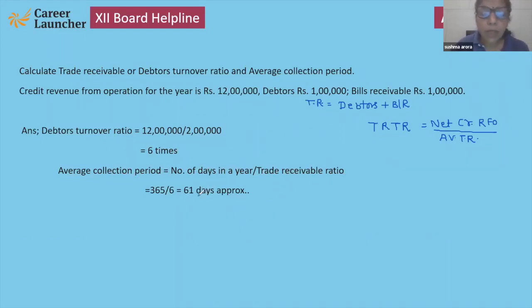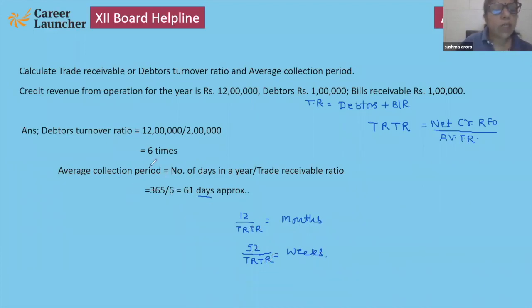Yes, that can be in days and that can be in months as well. 12 upon TR, then your answer will be in months. And if it is 52 upon trade receivable turnover ratio, that question was in CUET, then it will be in weeks.